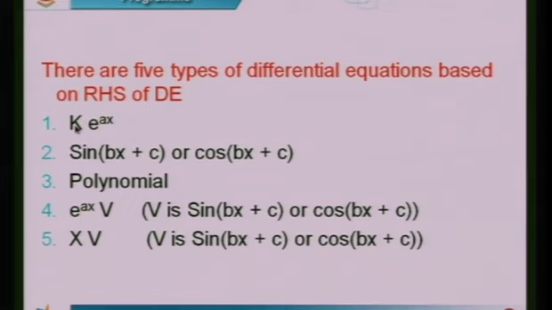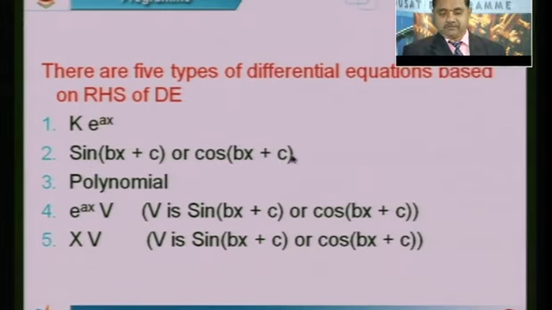One, k e power ax. K is a constant, a is also a constant. So the first type is k e power ax. Second one, sin bx plus c or cos bx plus c. Both are one and the same.